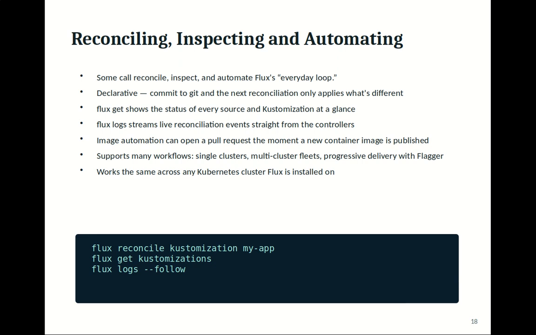Image automation can open a pull request the moment a new container image is published. Supports many workflows: single clusters, multi-cluster fleets, progressive delivery with Flagger. Works the same across any Kubernetes cluster Flux is installed on.